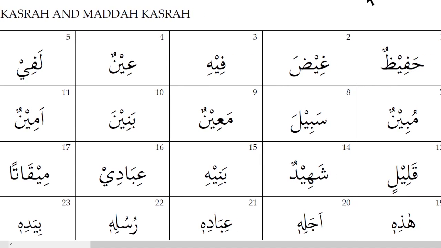All right, let's look at the long kasra now. So it's a long E sound, kasra E, and then long kasra E, double in its length. So number one, we have a longer word in this case as an example.